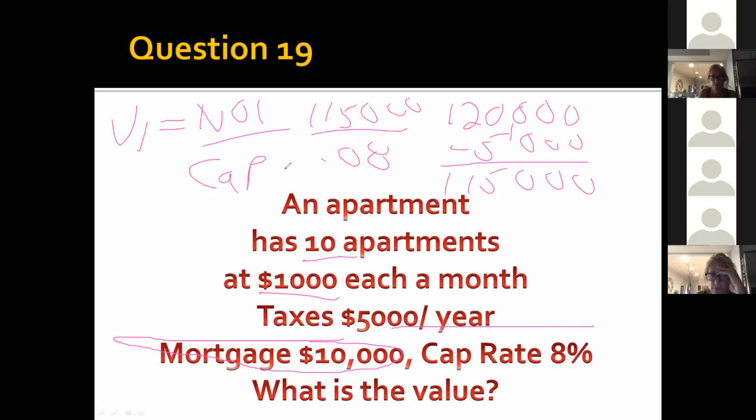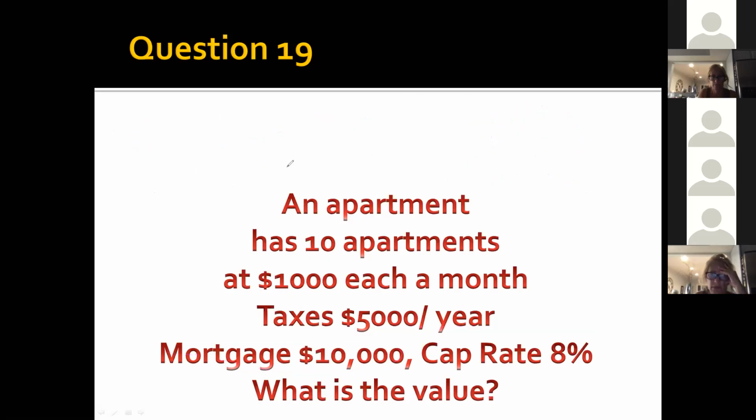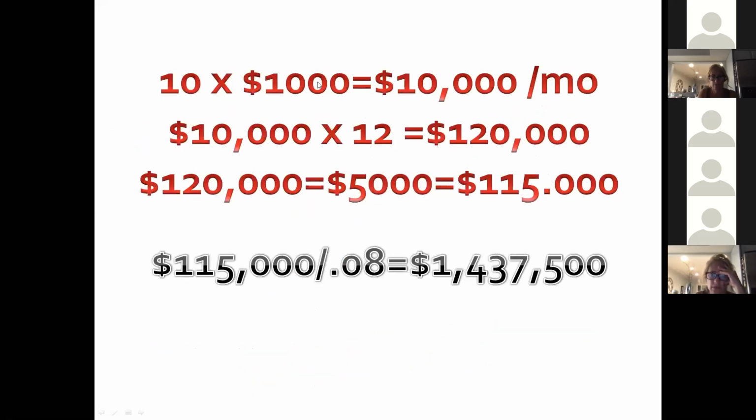And so we're going to divide 115 by 0.08, which gives us 1,437,500.